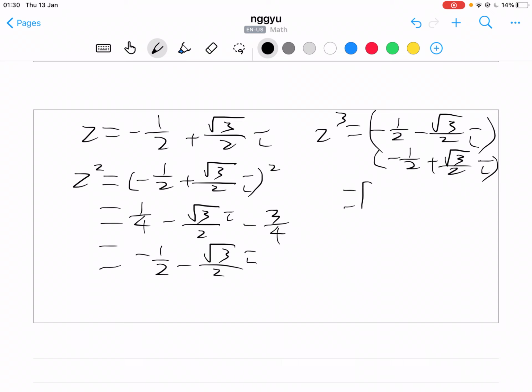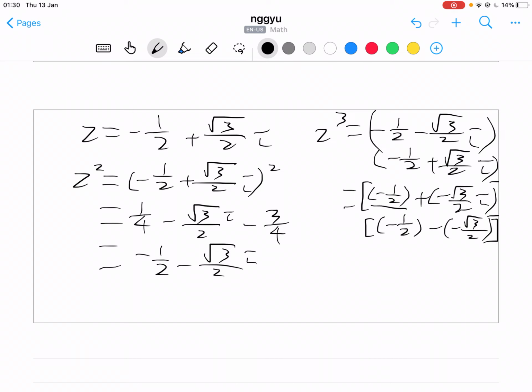If we group the terms together, this forms a plus b multiplied by a minus b, so we can just write this as a squared minus b squared.